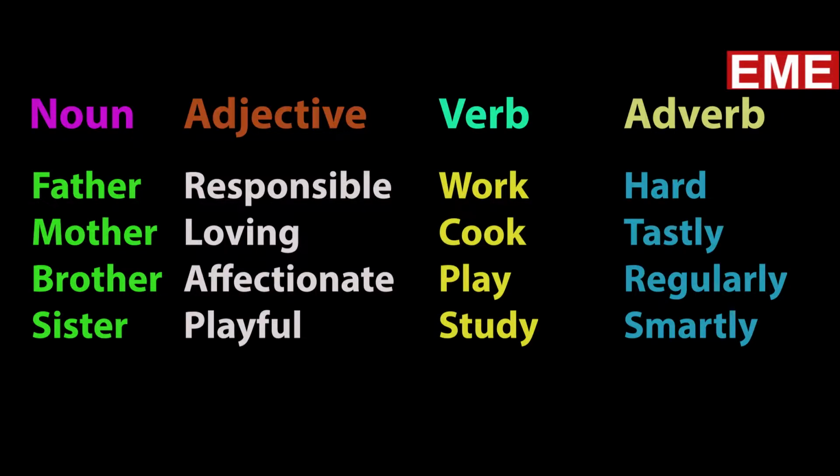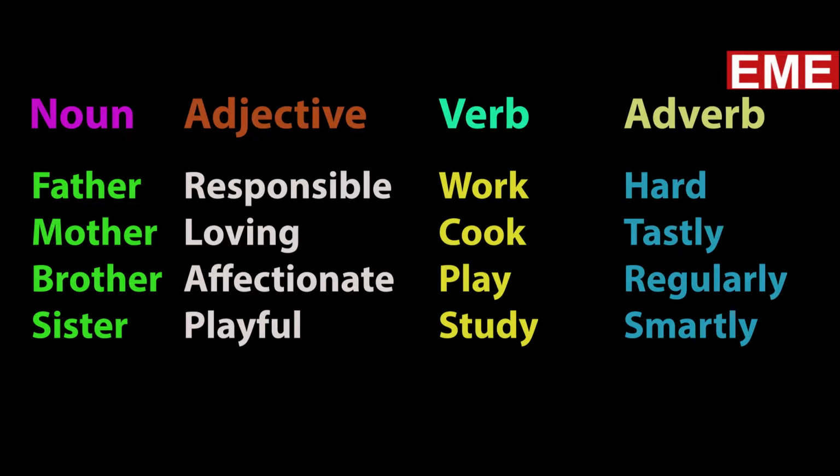The words in the first column are called nouns. They are used either as subjects in the beginning of a sentence or as objects in the end of the sentence. The words in the second column are called adjectives. They are used to describe the nouns. They usually appear after the verbs.